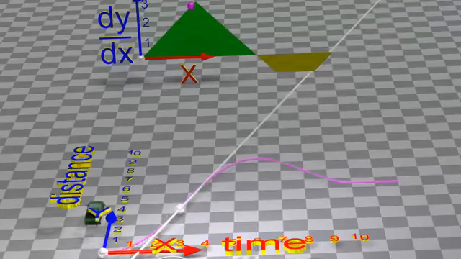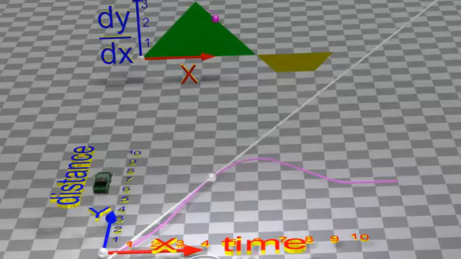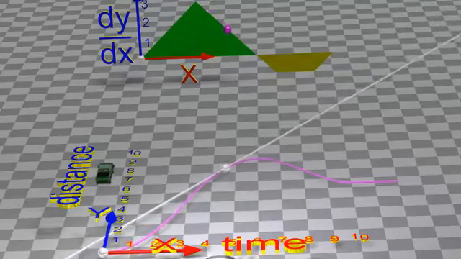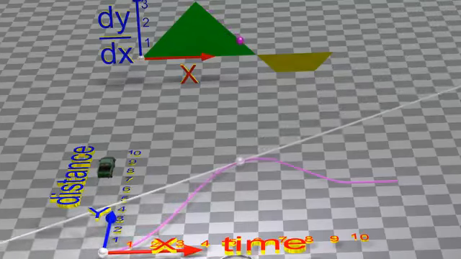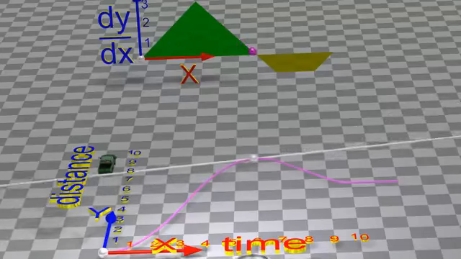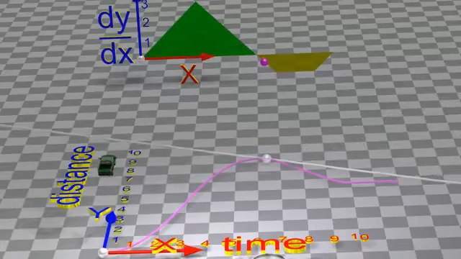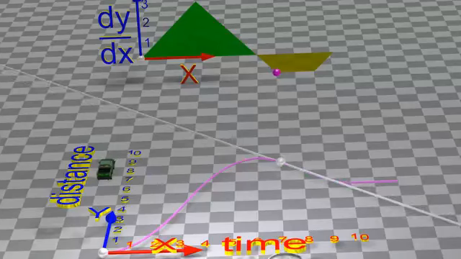As the slope increases, dy divided by dx increases. When the white line is horizontal, the slope is 0. When the object moves backwards, the slope is negative.